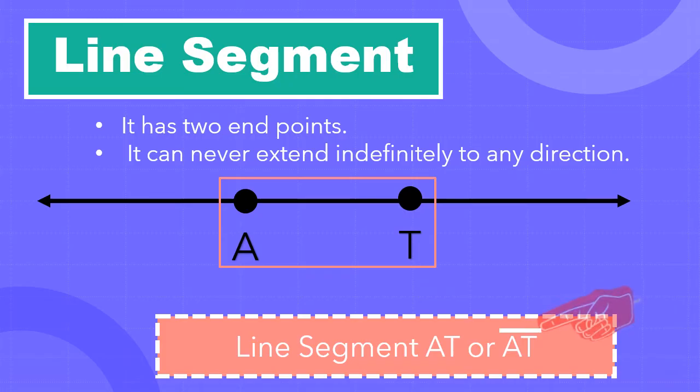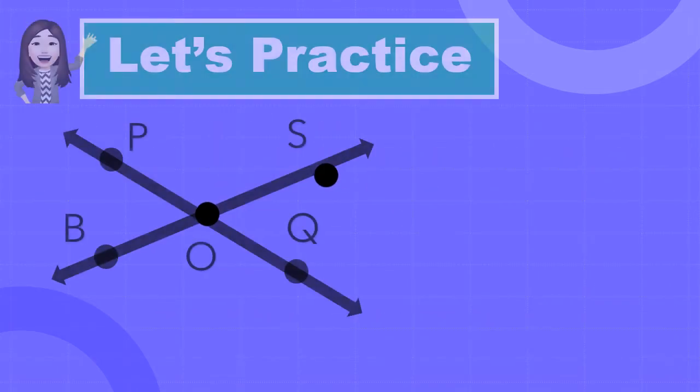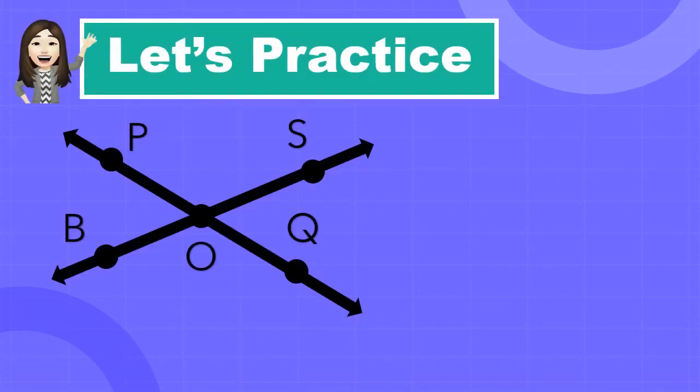We name this line segment as line segment AT, or we can use this symbol in naming a line segment. Remember that the elements of geometry include the point, line, ray, and line segment.